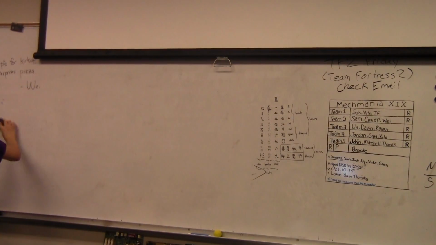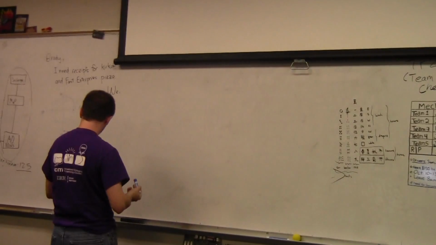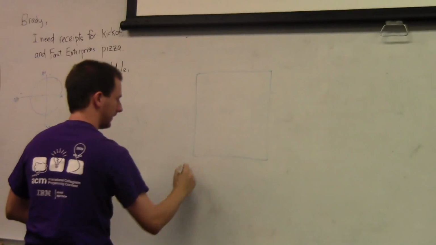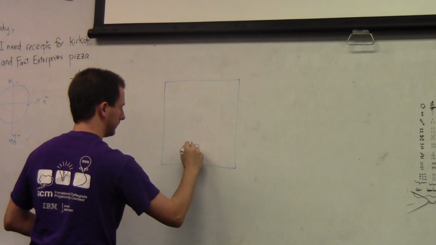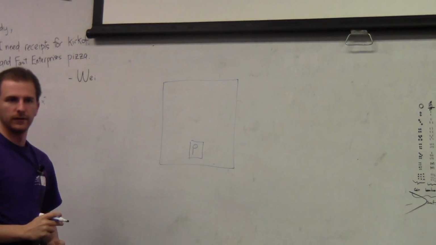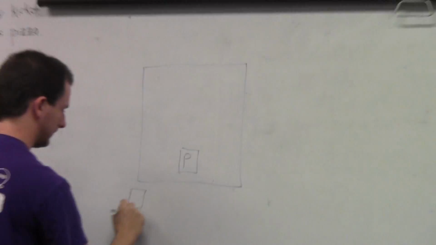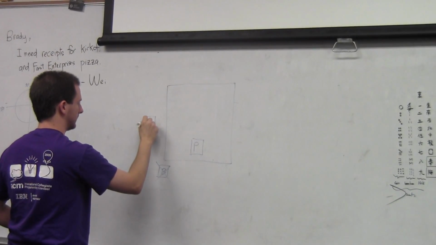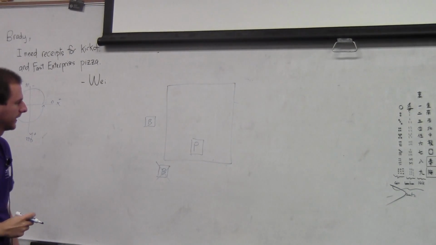say we've got some room. Yeah, this will work. So we've got some room like this, and we've got a player here. And you only want bullets, you know, this bullet you want gone, but this bullet you want to keep. Yep. Okay.